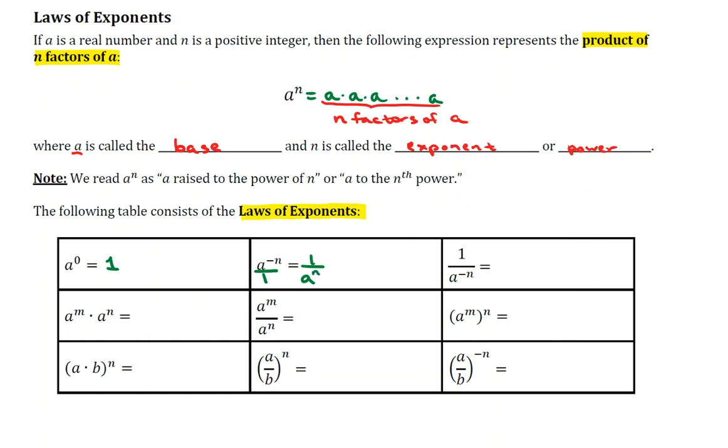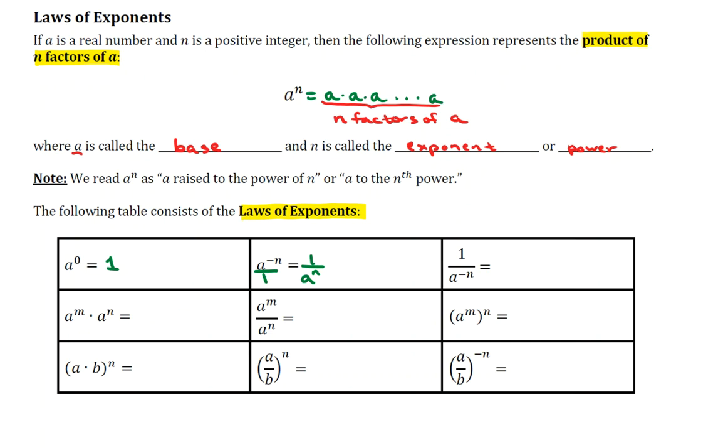This is definitely a helpful one because a lot of instructions, whether it's in this class or a different class, ask that you write your final answer using positive exponents only. And so, if we have something like x to the negative 3, we could go ahead and apply this property, rewrite it as 1 over x cubed, and we will have satisfied one of the requirements of the instructions.